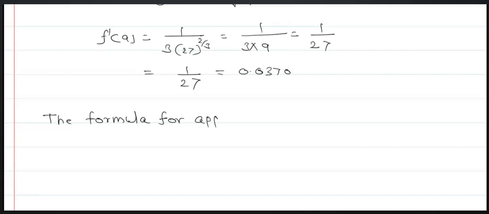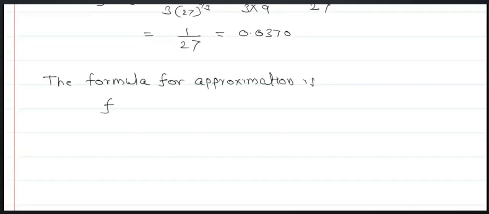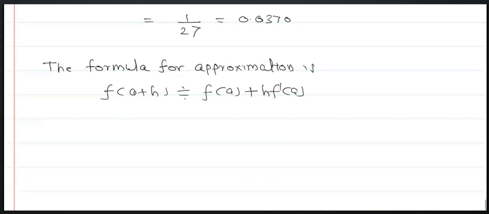And what is our formula? We will substitute the values. The formula for the approximation is f of a plus h is approximately equal to f of a plus h into f dash of a.